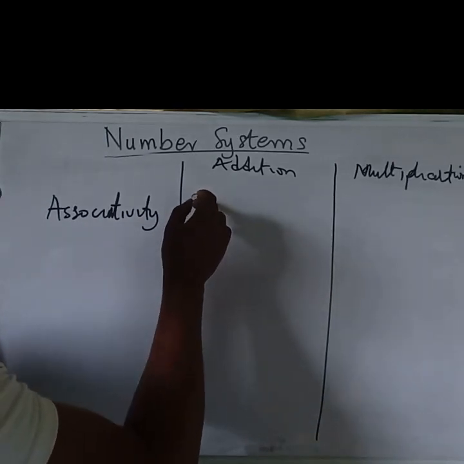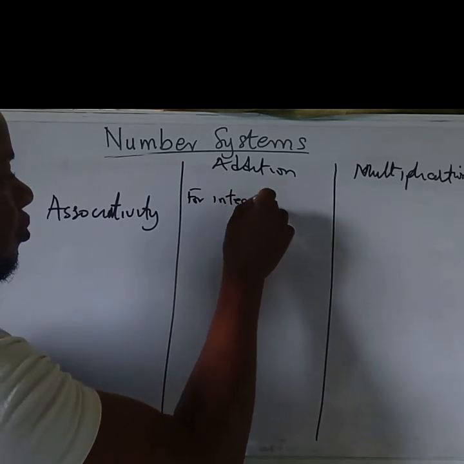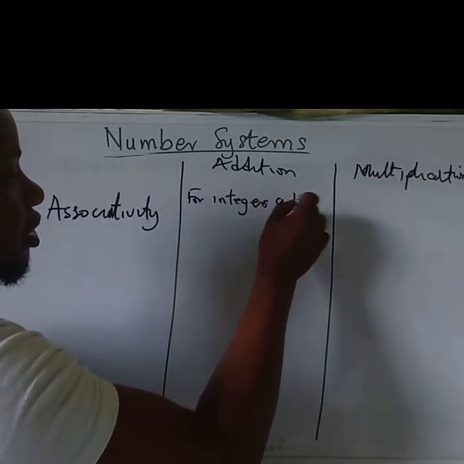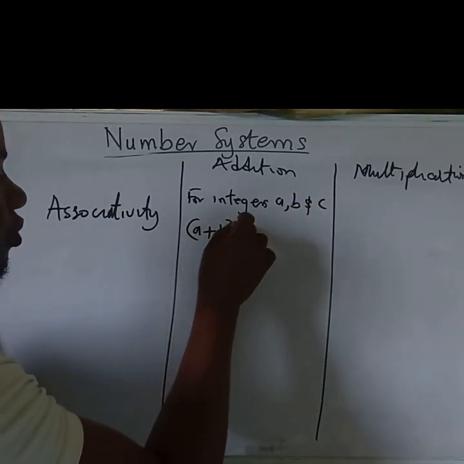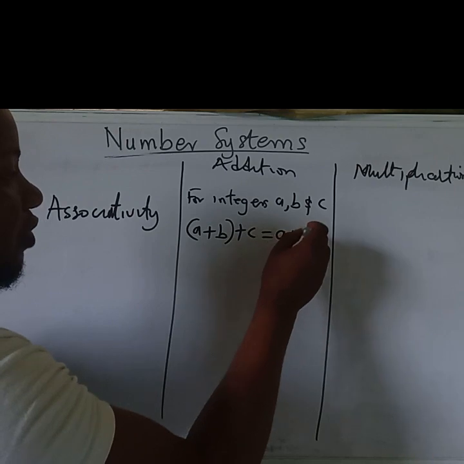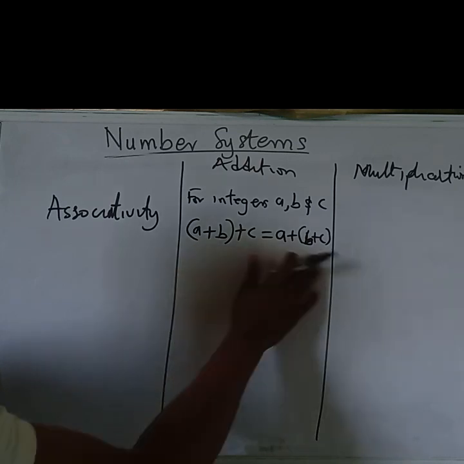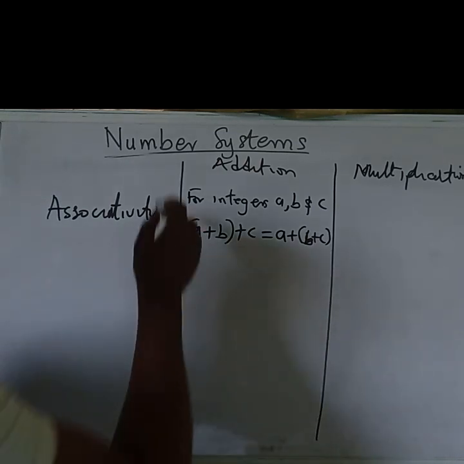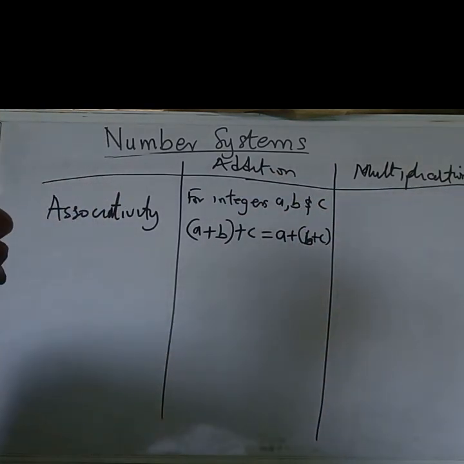Again, if you have three integers a, b, and c, the addition of a and b, plus c, is the same thing as a plus the addition of b and c. This statement is true under addition, and we call that associativity under the integers.